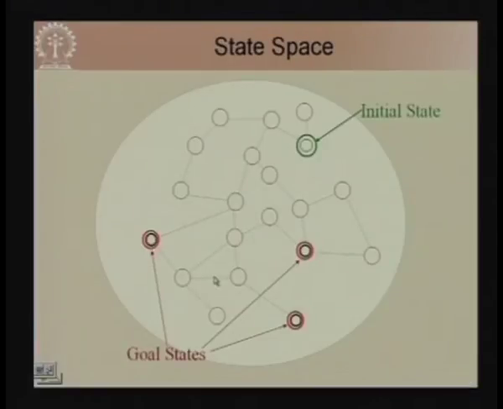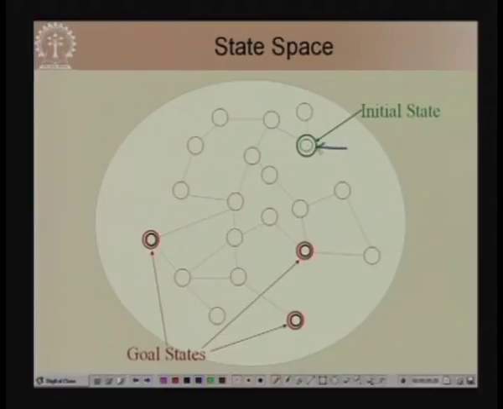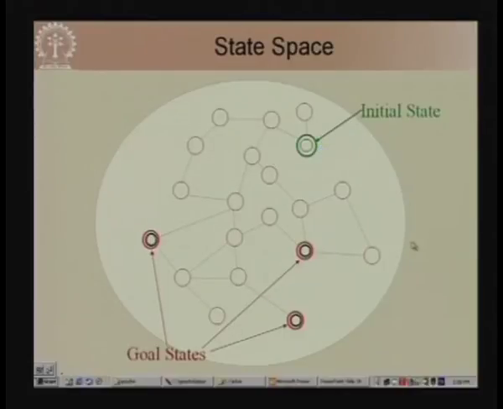Now, this is an example of a search space. As you can see, this is the initial state and these 3 are the goal states. These other circles are the other states in the system. The objective of the agent is to start from this initial state and reach one of these goal states. From this state, the agent can take 2 possible actions to reach either this state or this state.